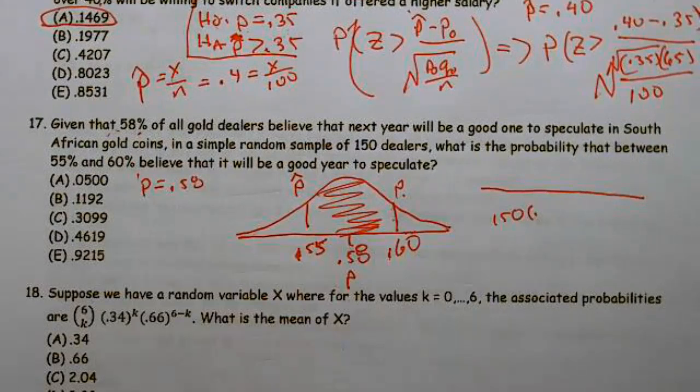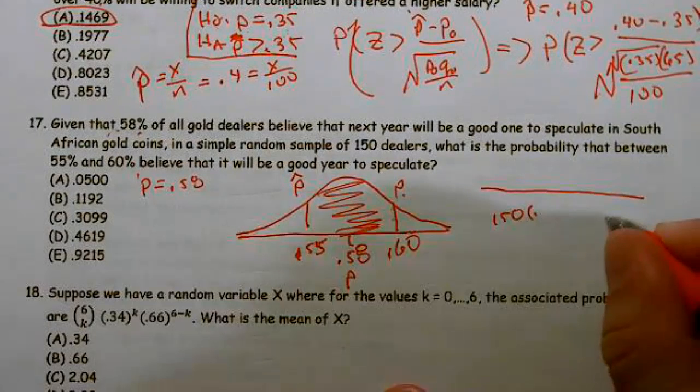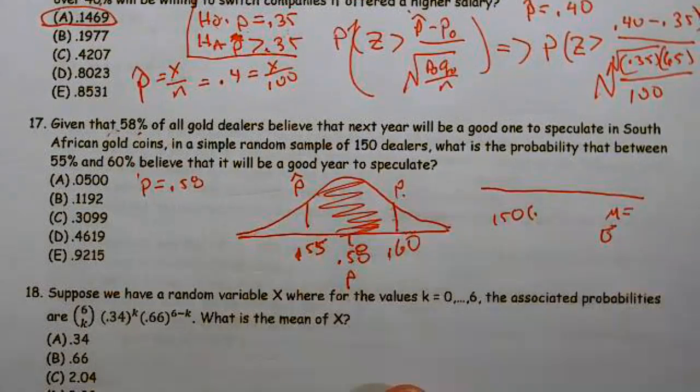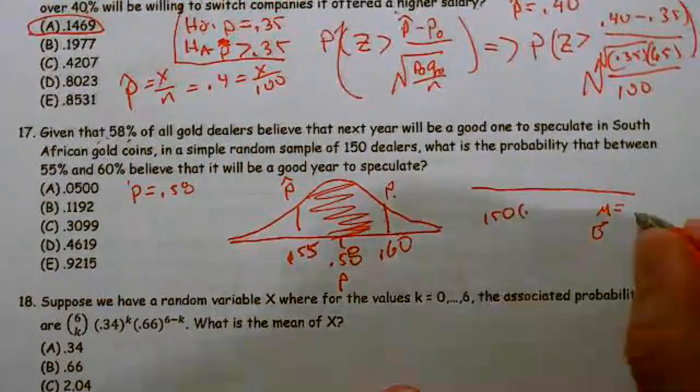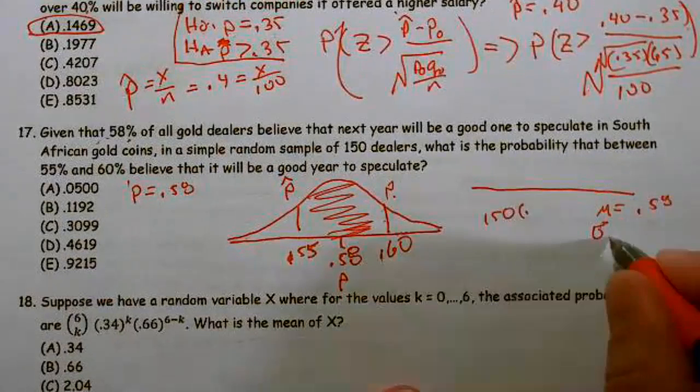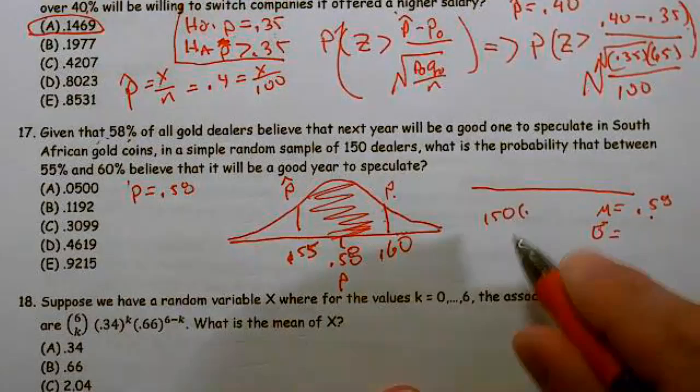So what's the problem with doing the norm CDF is I'm going to need a mean and a standard deviation. Well, my mean is actually in this case going to be 0.58. That's my true population proportion. Well, what's the standard deviation for that?